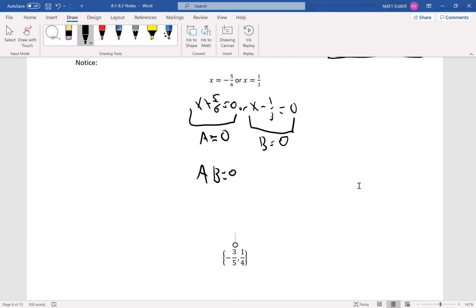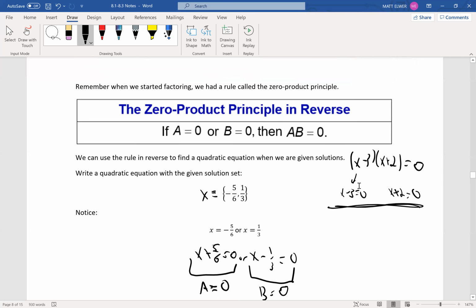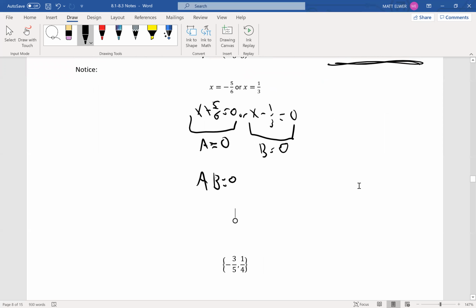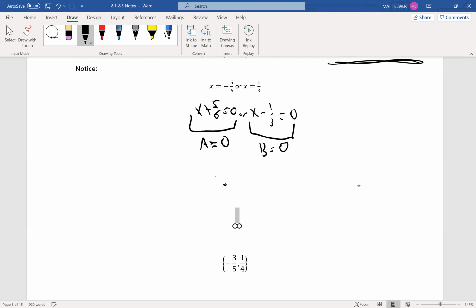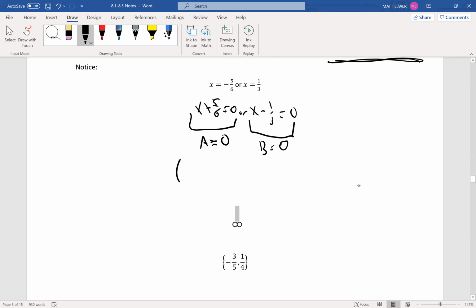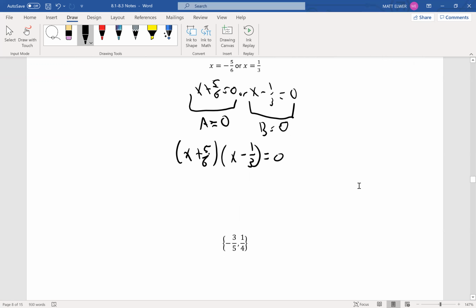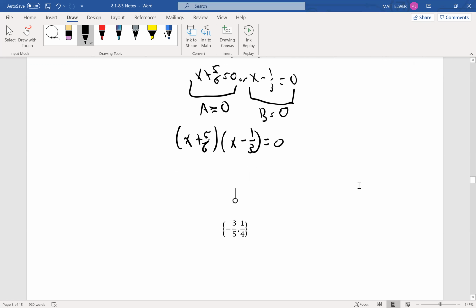Since AB is equal to 0, from our zero product principle, I can have x plus 5 over 6 multiplied by x minus 1 over 3 is equal to 0, right? Because I know one of those has to be equal to 0. We don't know which one, but we know one of them has to be equal to 0. Or maybe even both of them equal to 0, right?